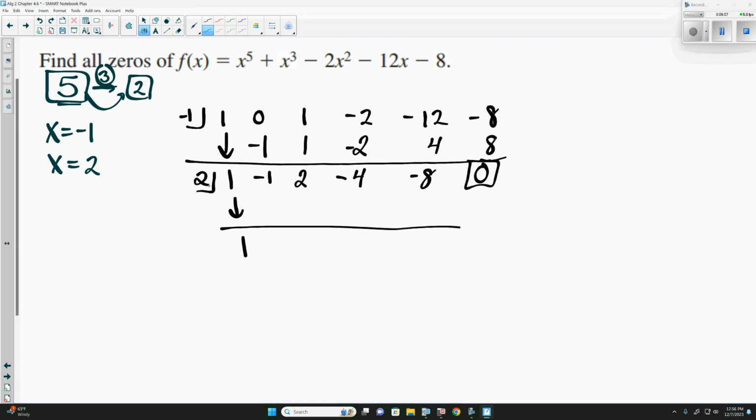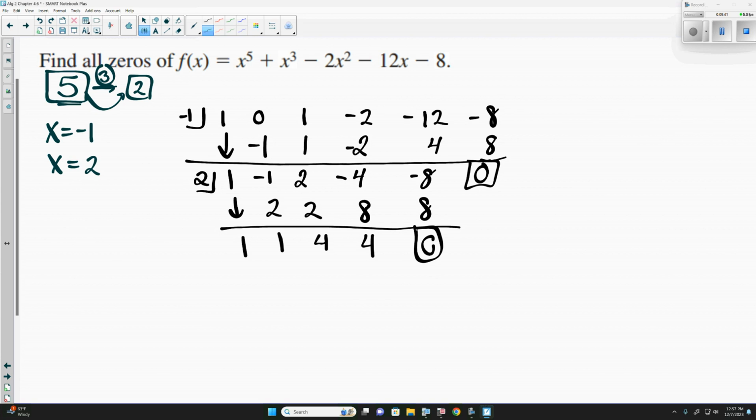Now we can do this again with 2. We'll do 2 times 1 is 2. -1 plus 2 is 1, 2 times 1 is 2. 2 plus 2 is 4. 2 times 4 is 8. -8 plus 8 is 0.